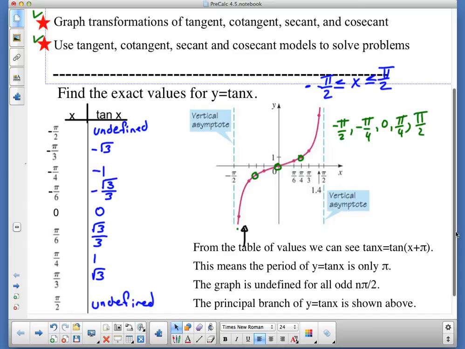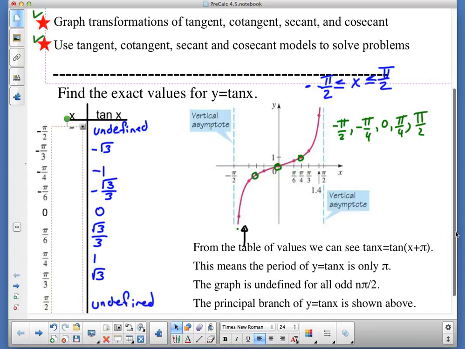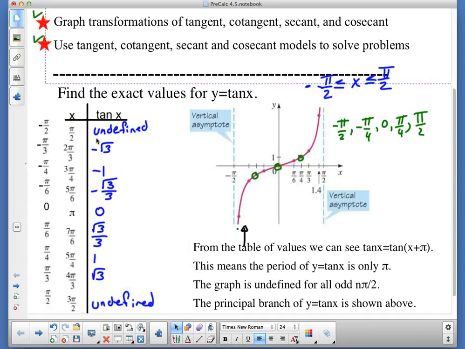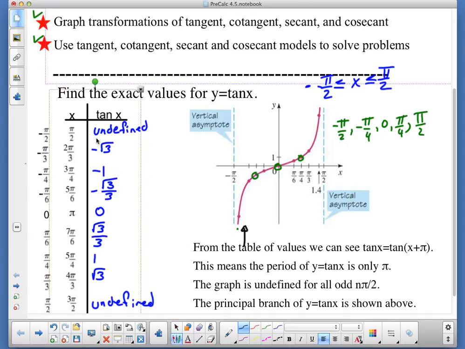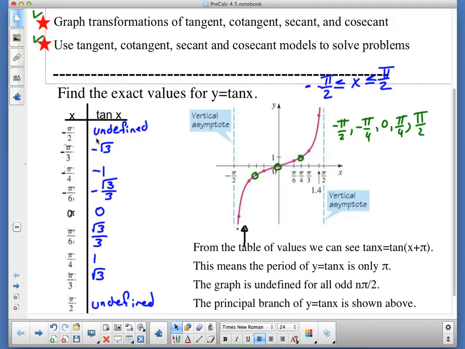But one of the things that's really important about this that I want you guys to keep in mind is these values and these values here that I just exposed, they're the same. Okay, they have the same value, and that's why we're so concerned with tangent just being pi, because it repeats itself. Okay, in that 2 pi section, it's the exact same number, so that's why it's considered the same.